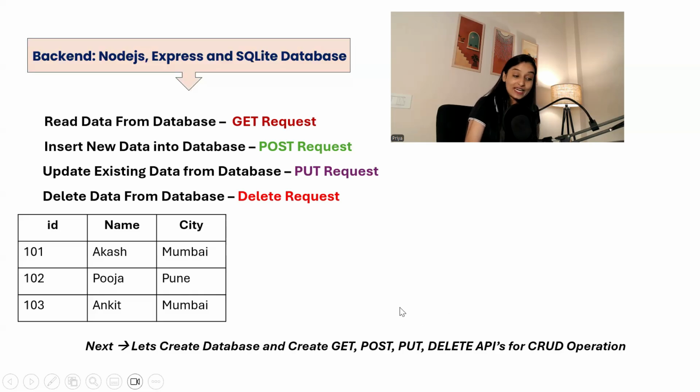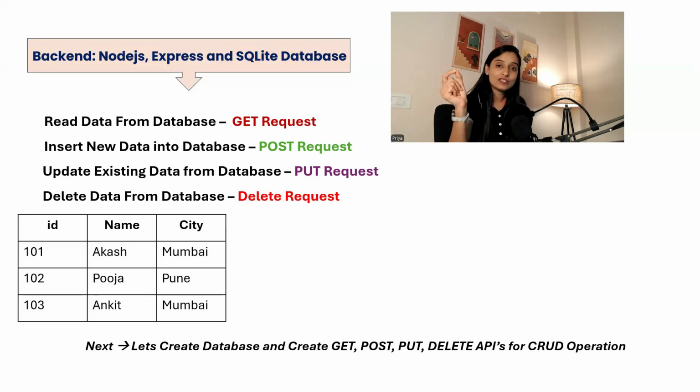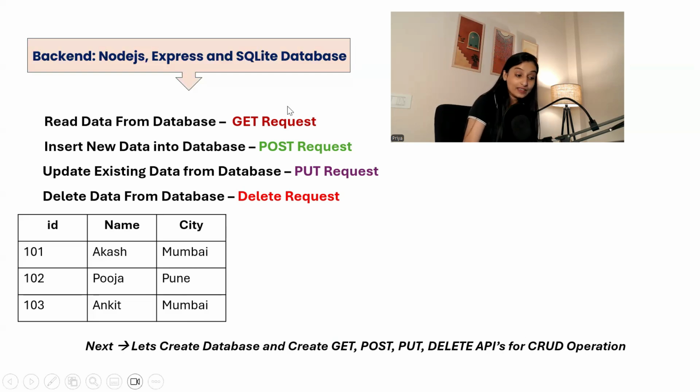To create these APIs, we have the HTTP methods. First is the get method, second is the post method, next the put method and the delete method. Again, I'll repeat one small statement: when we send a get request, someone should be there to handle it. That is the get method.